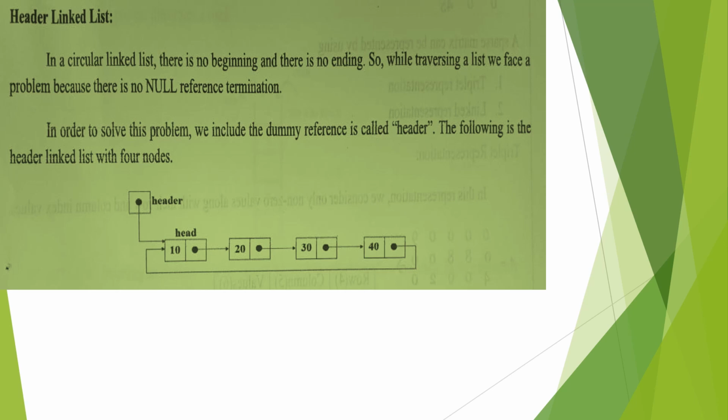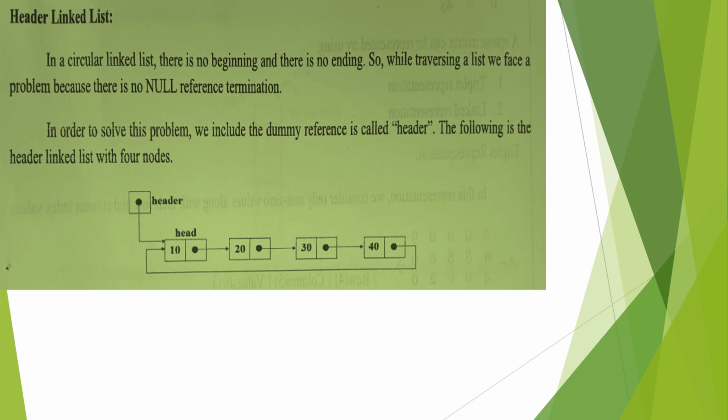To solve this problem, we include a dummy reference called header. The following figure shows how we add a dummy reference to the circular linked list. This is called a header linked list.